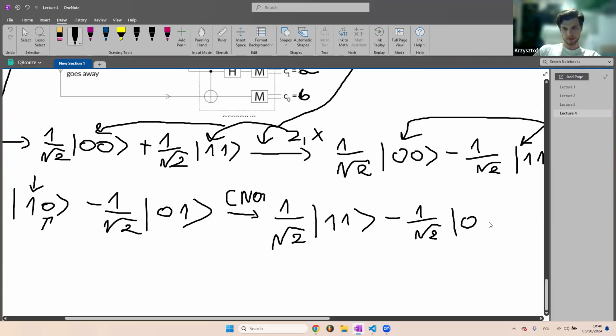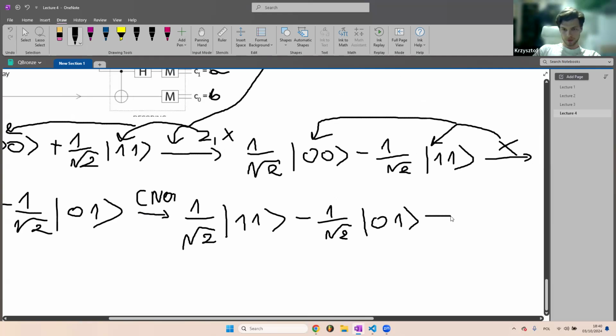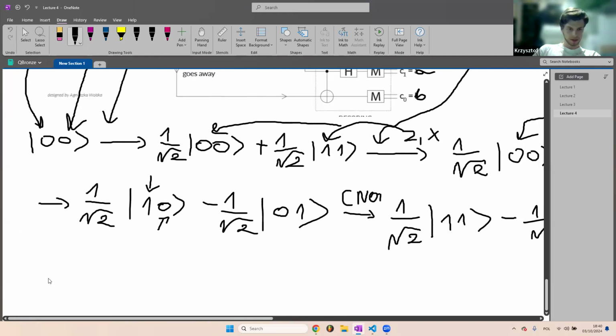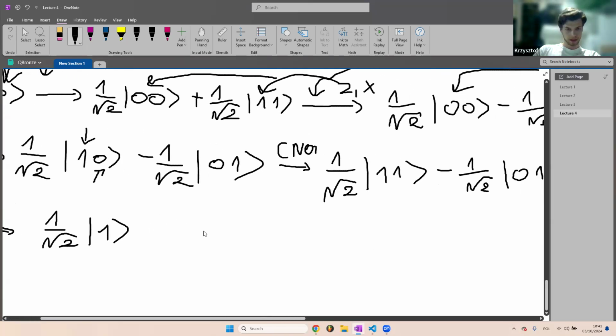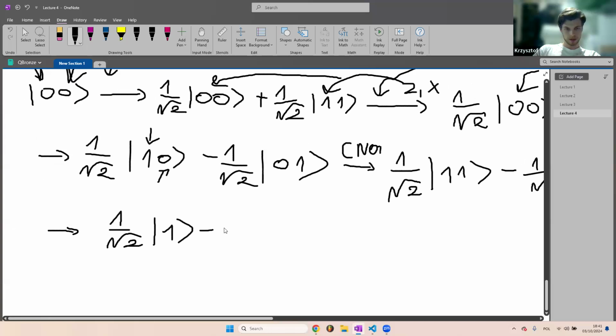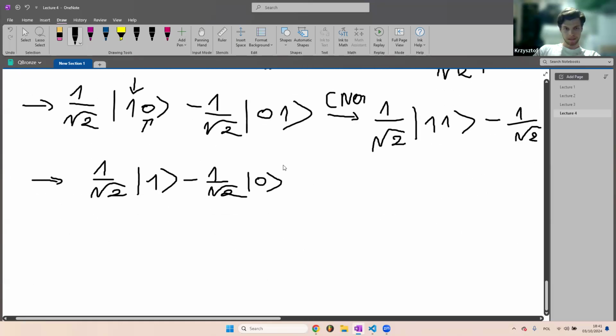0, 1. And now let's try to write it as a tensor product, because the application of the Hadamard gate will be easier. So in the case of the tensor product, we'll have the qubit in a state something like this one, minus 1 over square root of 2 times 0, and 1, tensor 1.